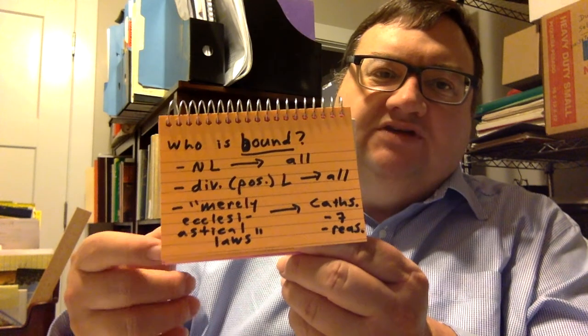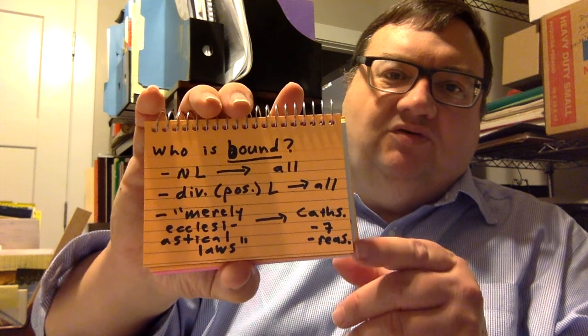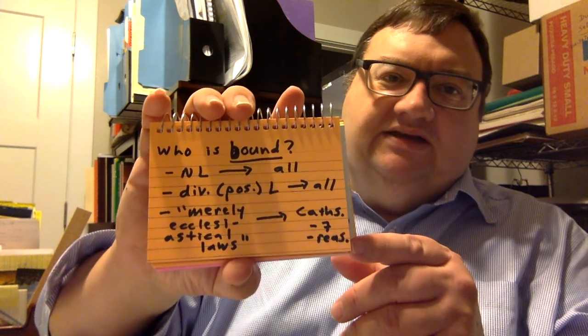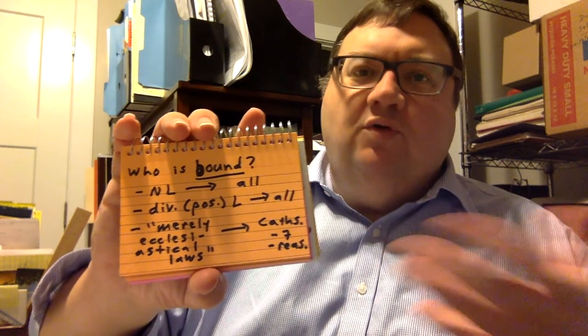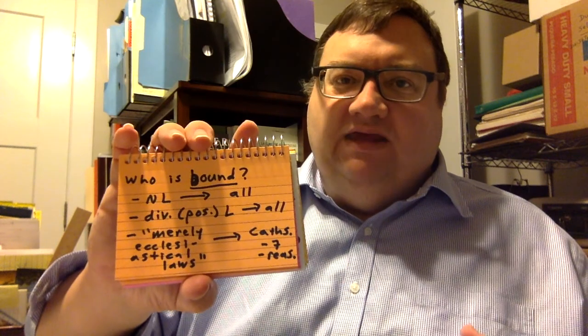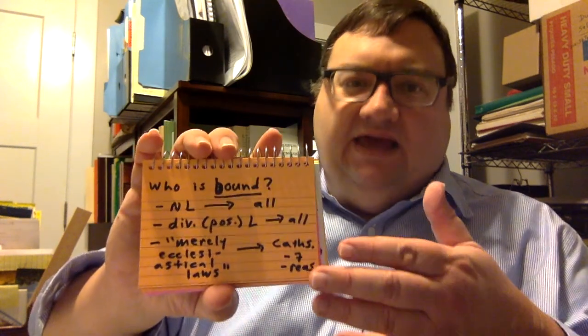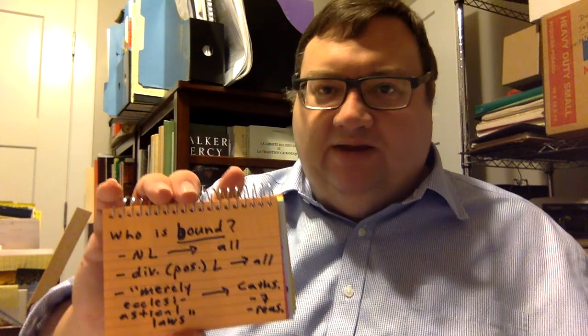Who's bound by those? Only Catholics, and they have to be at least 7 years old and have the use of reason. Who has to marry according to canonical form? Who has to marry in front of a priest or deacon? Catholics, not Saudi Arabians, not Lutherans, etc.